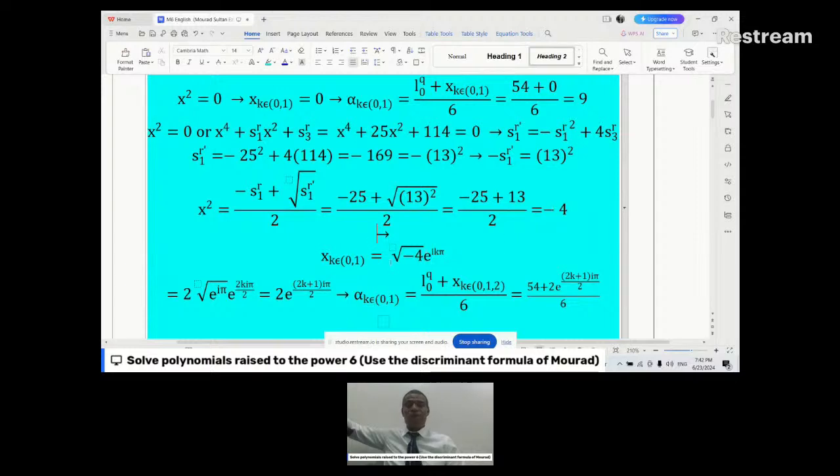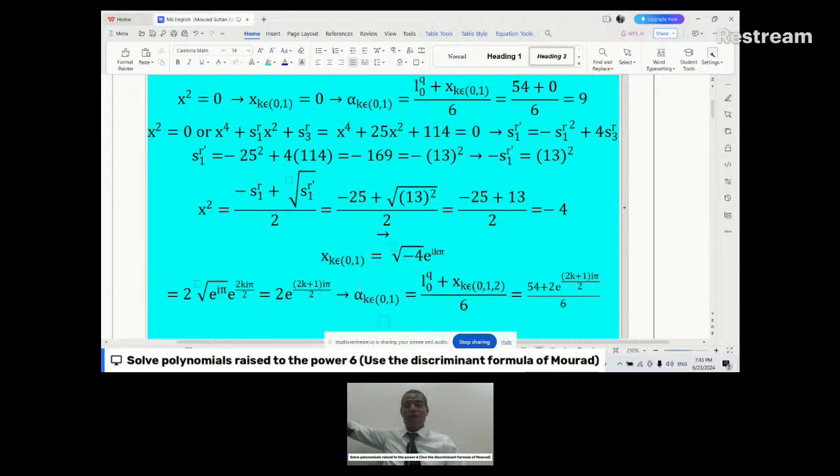Therefore x_k, k from 0 to 1, is the root of negative 4 times exponential ik pi. You can also develop this: minus 1 is exponential i pi, divided by 2. The root of 4 is 2, and the root of minus 1 times exponential ik pi is exponential (2k plus 1) i pi over 2.